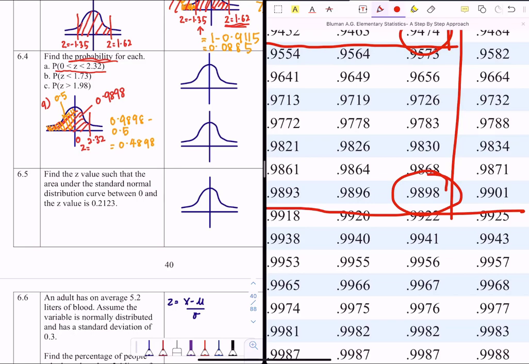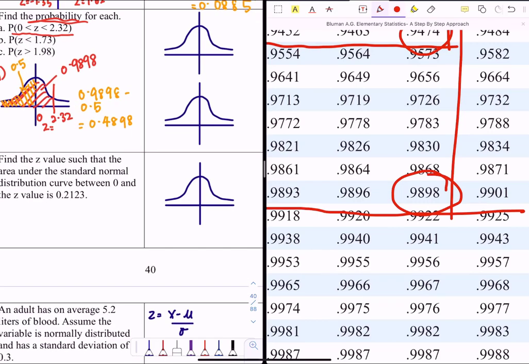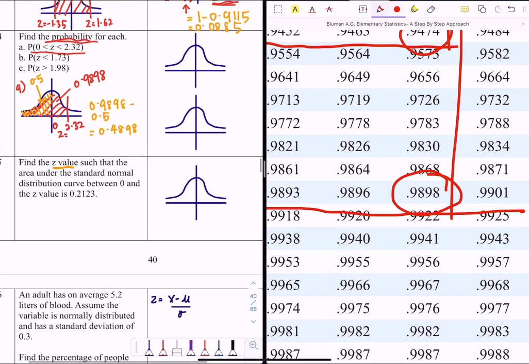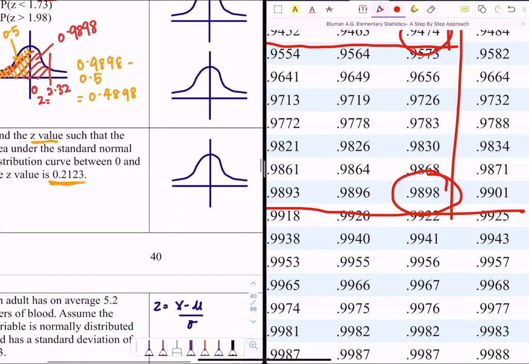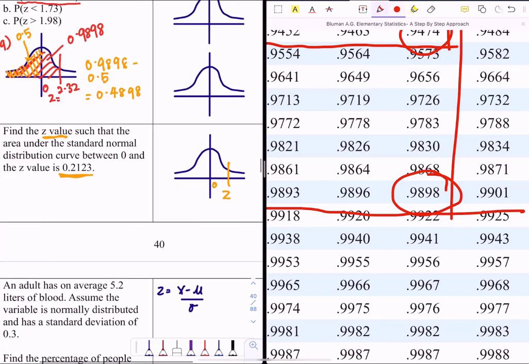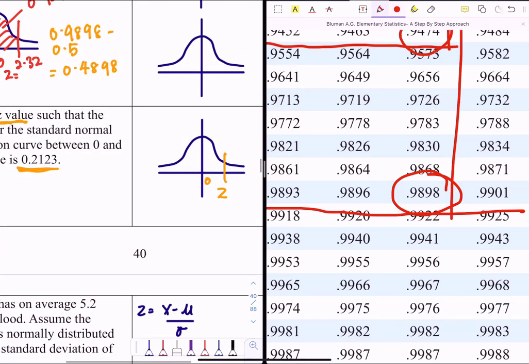Find the Z value such that the area under the standard normal distribution curve between 0 and the Z value is given. Now it is reversed. It contradicts a little from what we learned. They give you the value of the area, between 0 and Z, which is 0.2123.